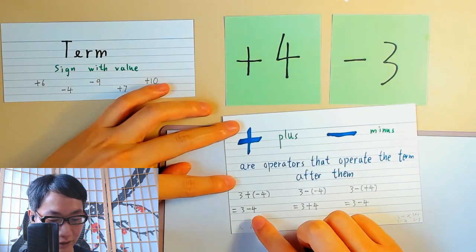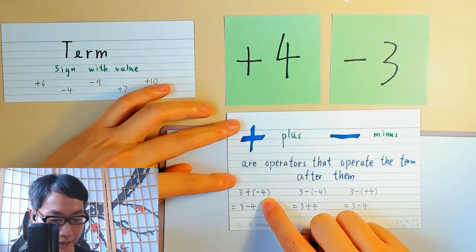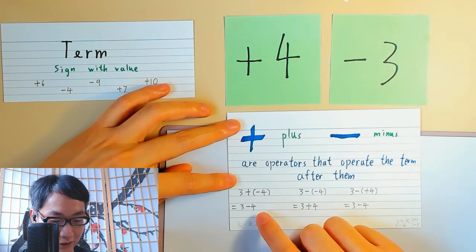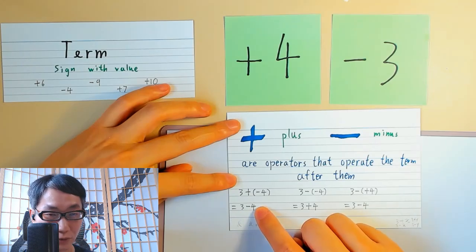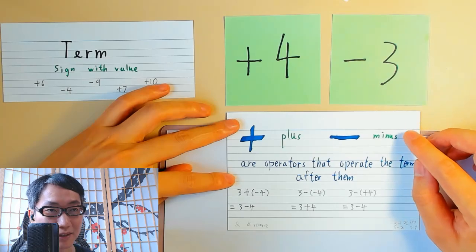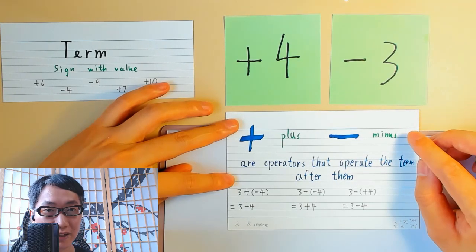So in here we have 3 plus negative 4. And because the plus does nothing, it's actually positive 3, negative 4. And the minus sign tells us to reverse the sign of the next term.